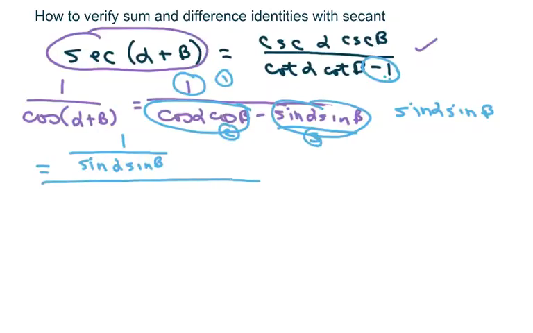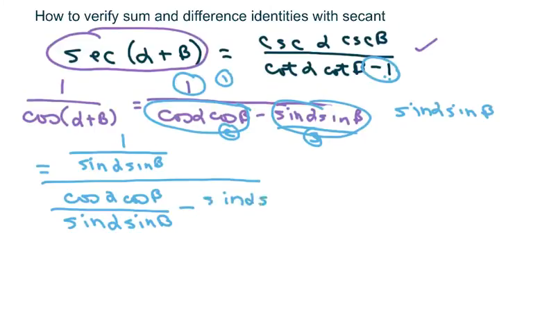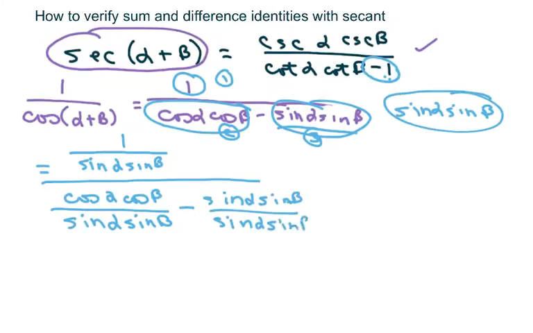And then all over cosine of alpha, cosine of beta divided by sine of alpha, sine of beta. And then we have minus sine of alpha, sine of beta, over, we keep dividing by sine of alpha, sine of beta. Now, we already know that this equals 1.